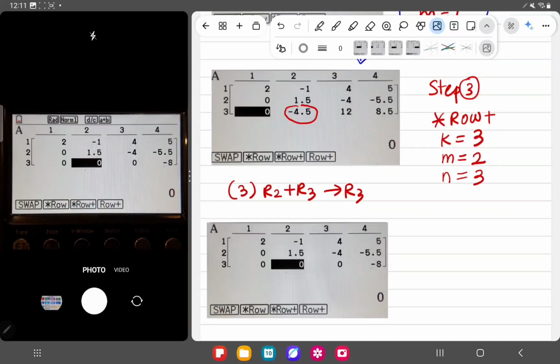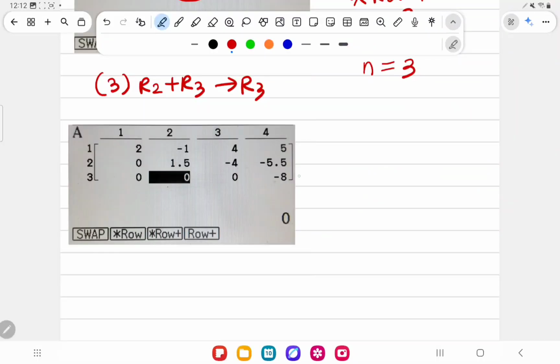And now we come to the last row, which is 0, 0, 0, negative 8. This represents 0x plus 0y plus 0z equals negative 8, which is impossible.